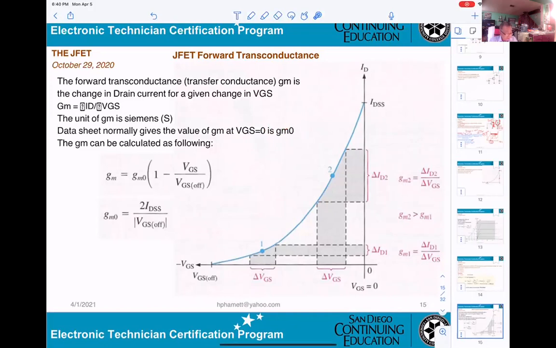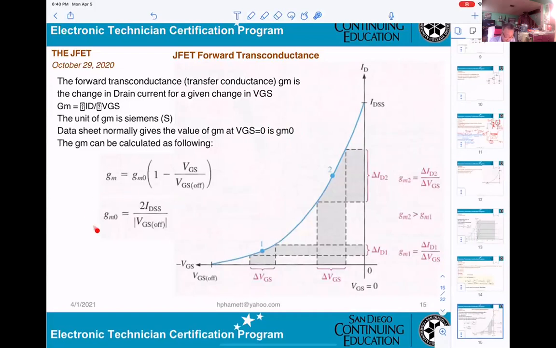So the question is, what is GM0? GM0 is the value of the GM at VGS equal to 0. So you can calculate GM equals GM0 times 1 minus VGS divided by VGS off.